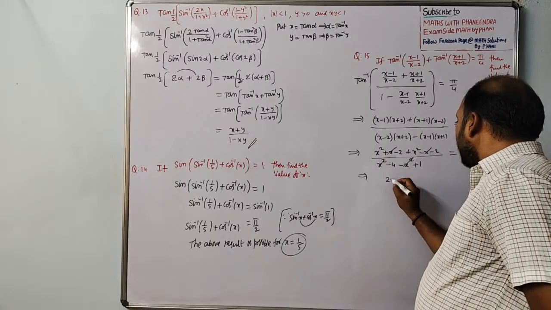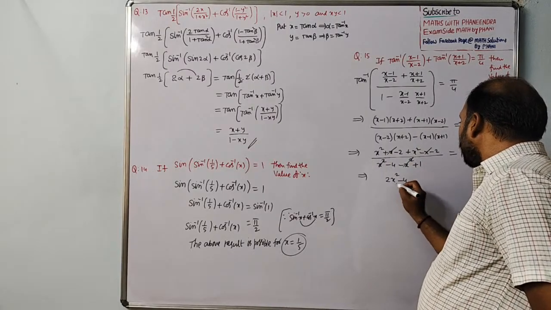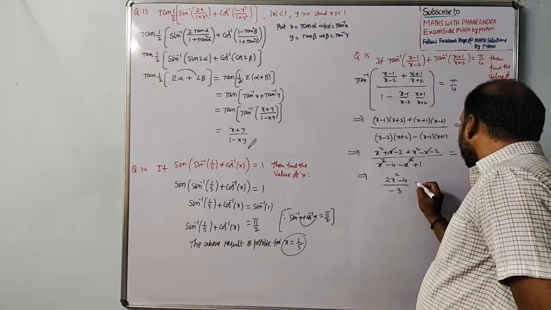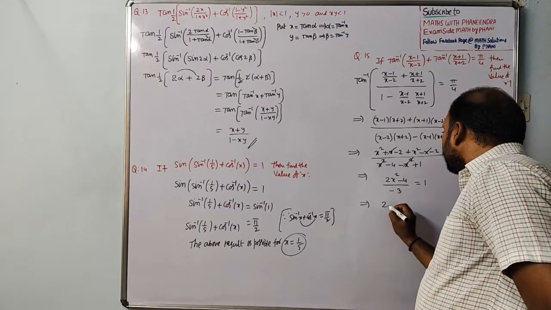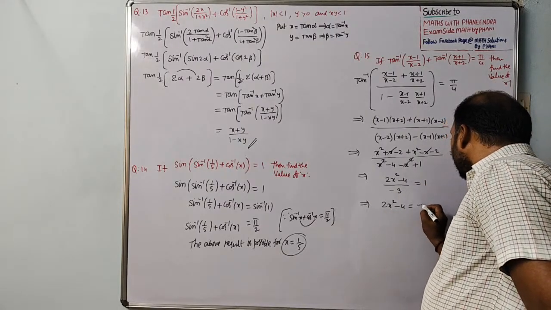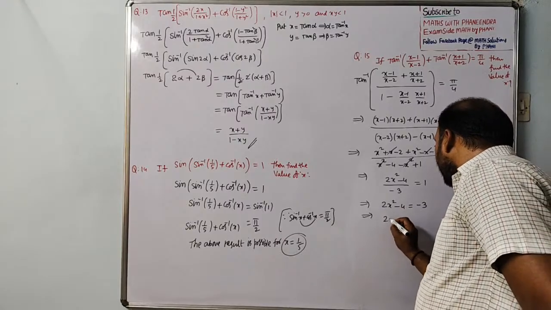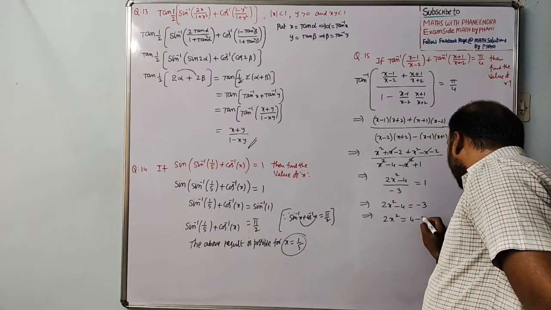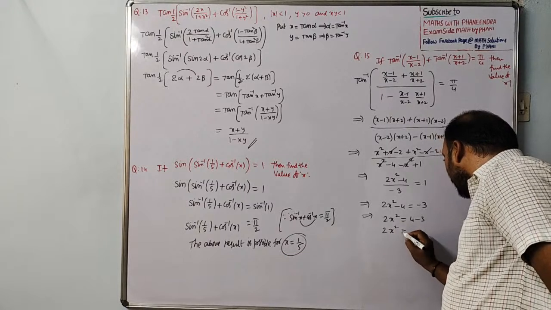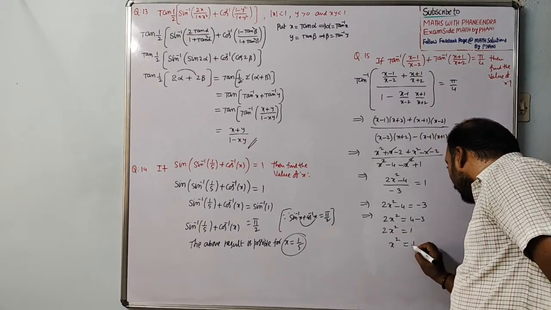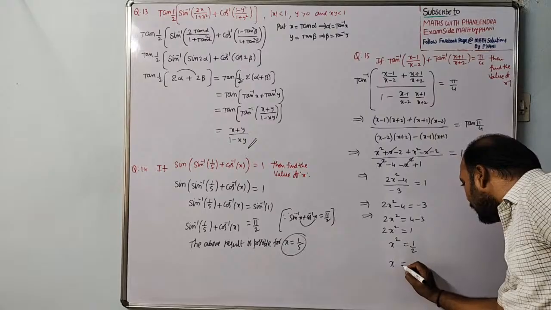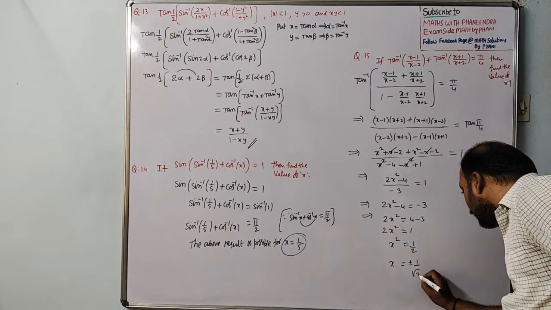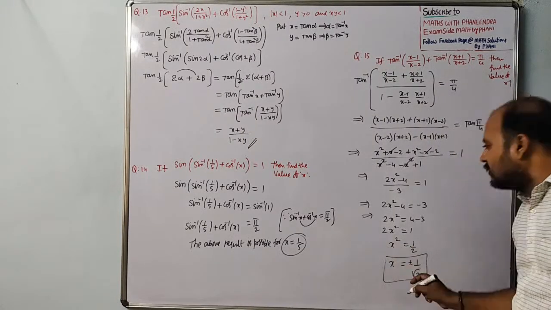So 2x square minus 4 divided by minus 3 equal to 1. So 2x square minus 4 equal to minus 3. So 2x square equal to 4 minus 3. 2x square equal to 1. x square equal to 1 by 2. x is equal to plus or minus 1 by root 2. Okay, dear students, this is the value of x.